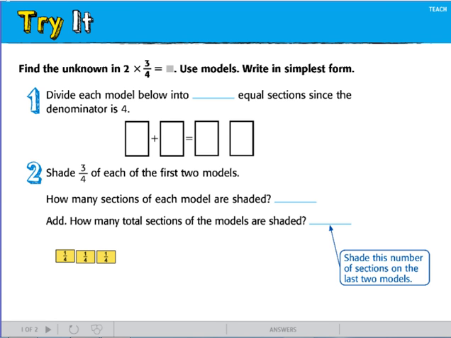Now, which is great, except how many do I need? 2. 2, which means I need 2 sets of 3/4. Okay? Now I have 2 3/4.